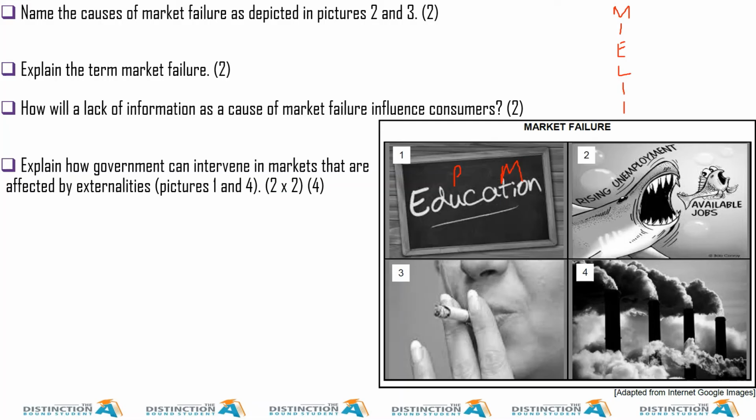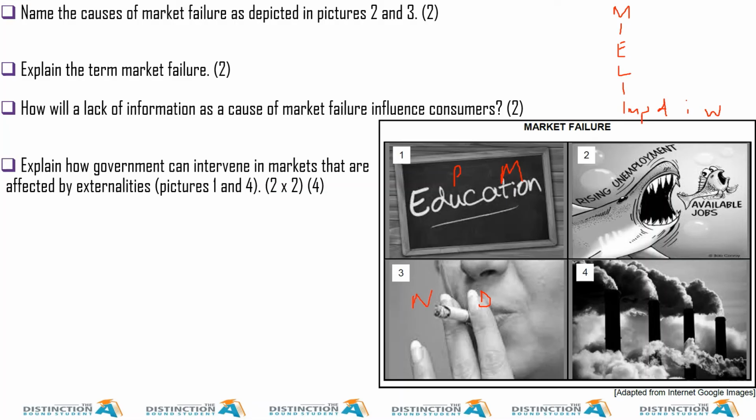Yeah, so what's going on here? This one here will be imperfect distribution of income and wealth. Then this one here, it's a demerit good.